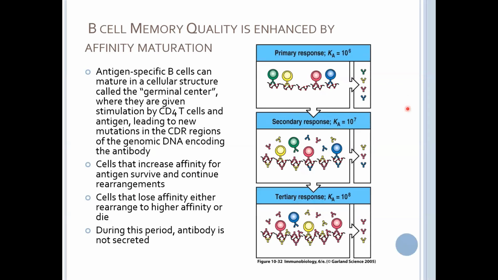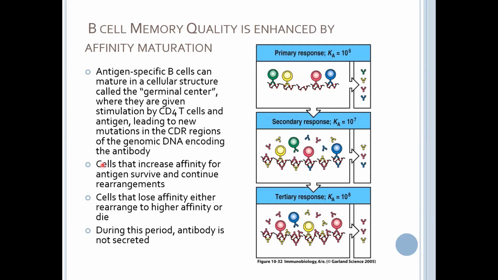So another very unique feature of B cells and antibodies, even compared to T cells, is that they get better with time. They continually mutate their antibody receptors with small point mutations, so that as you recall that response, it gets more and more avid binding to that antigen.